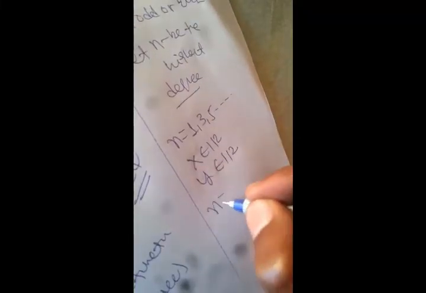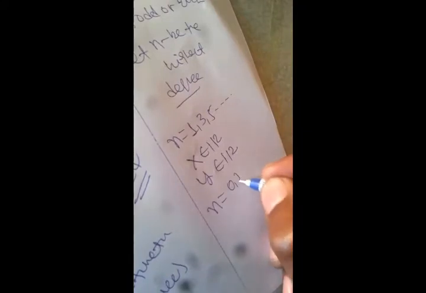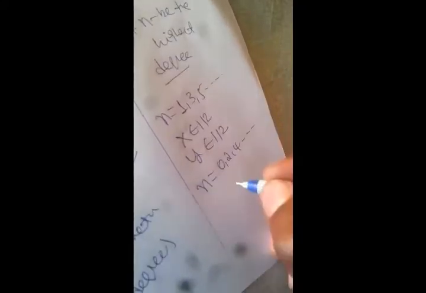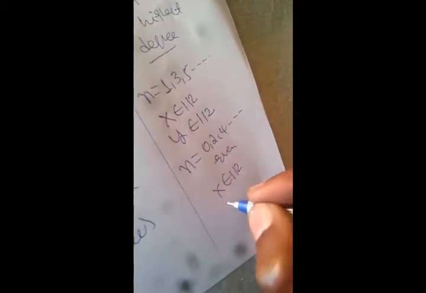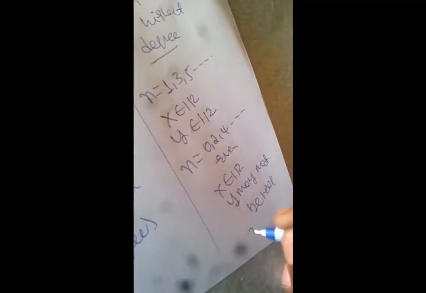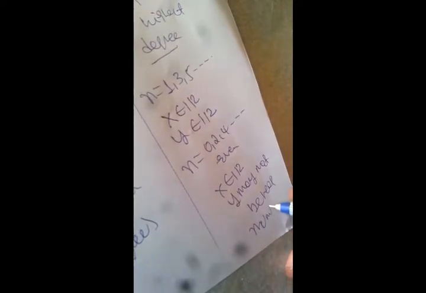And if n is an even number, 0, 2, 4 up to infinity, domain will be an element of real number because it's a polynomial equation, and range may not be real number, rather it becomes other than real number. We will talk about some examples.